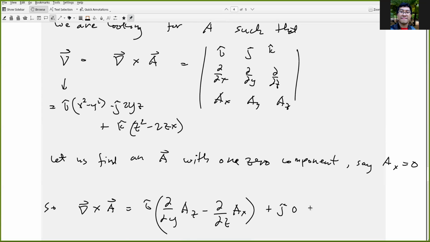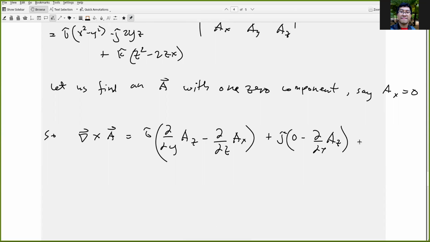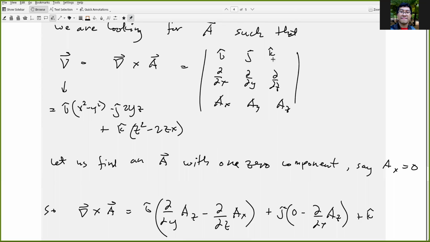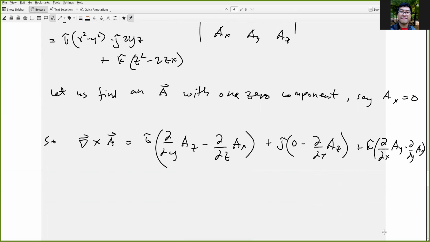So that's 0 minus this, partial with respect to X of AZ, plus K, partial with respect to X of AY minus partial with respect to Y of AX. Oh, by the way, AX is 0.